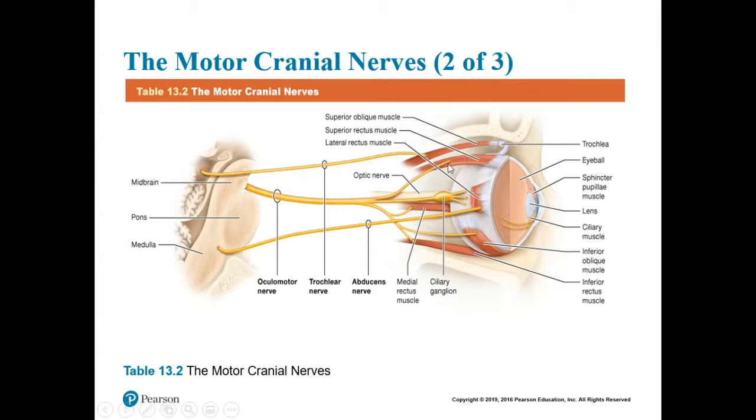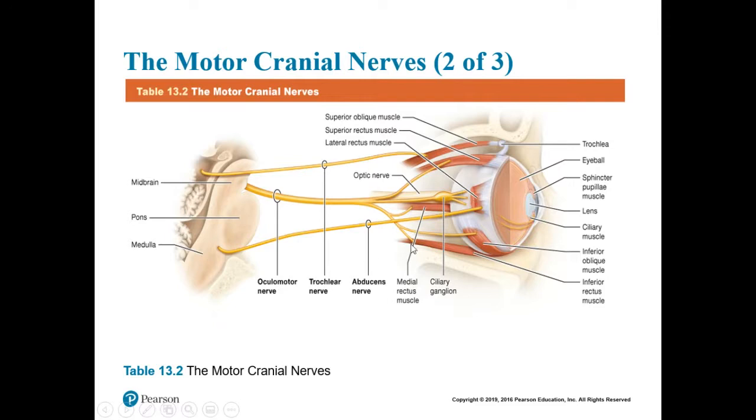If you're talking about the superior one, then its contraction pulls the eye towards the back, and that rotates it upward so you can see up. If the bottom one is stimulated by the oculomotor nerve, then it pulls downwards and you can see down. Now, if the lateral rectus is stimulated, then it's going to pull to the side, so you can obviously see to the right or the left, right?